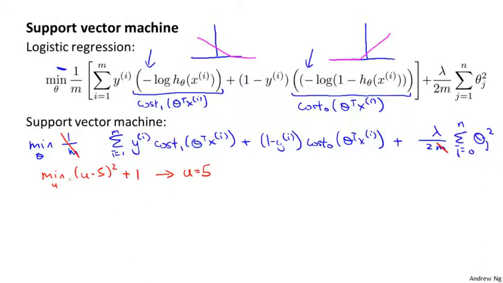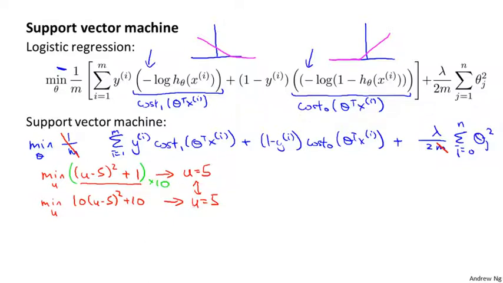Now, if I take this objective function and multiply it by 10, so my minimization problem is min over u of 10 times (u minus 5) squared plus 10, the value of u that minimizes this is still u equals 5, right? So multiplying the function you're minimizing by some constant, 10 in this case, does not change the value of u that minimizes it.